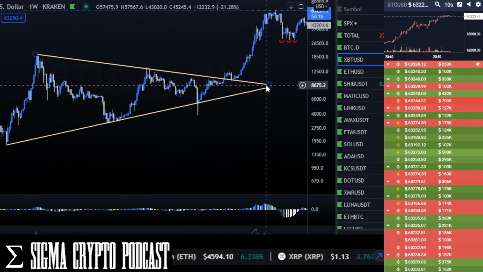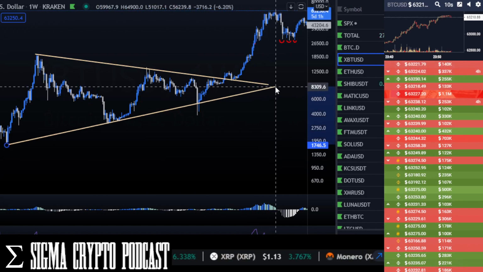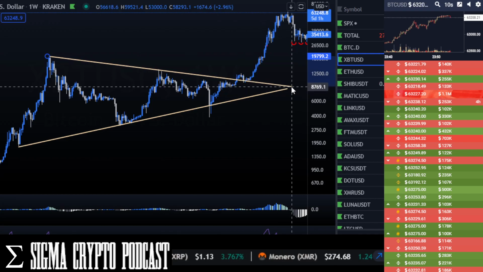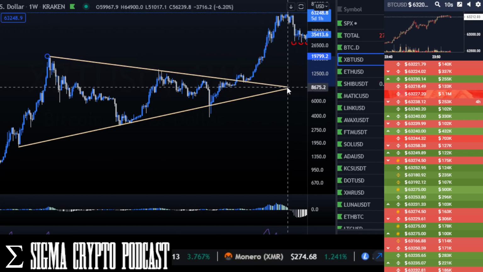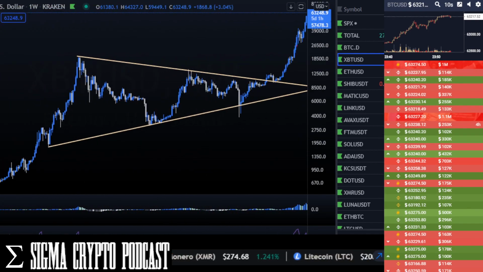That's not to say they might not be right. I think there is a case to be made that Bitcoin is going to surpass 100K this cycle, but that's not based on just picking 100K as a random number. That's based on these measured moves.